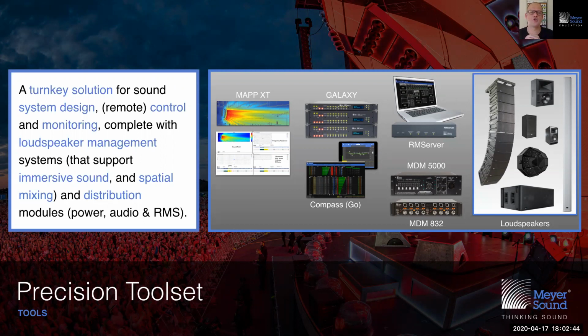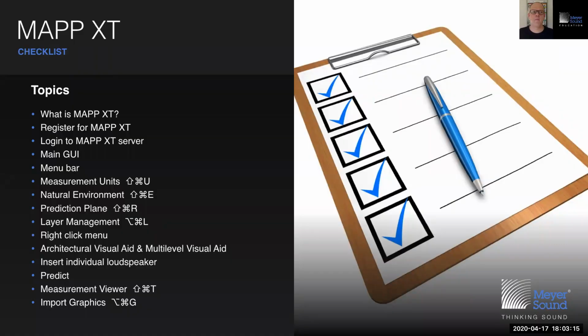All of these tools together constitute the tool set, and that allows us to have a turnkey solution for sound system design, control, monitoring the health of our system, managing the loudspeakers, supporting immersive sound and spatial mixing, and even the distribution of our power, audio, and remote monitoring system signals. So that's the entire tool set. But in order to learn more about that, I recommend you watch that particular webinar on the YouTube channel Thinking Sound, because today our focus will be MAPP XT.